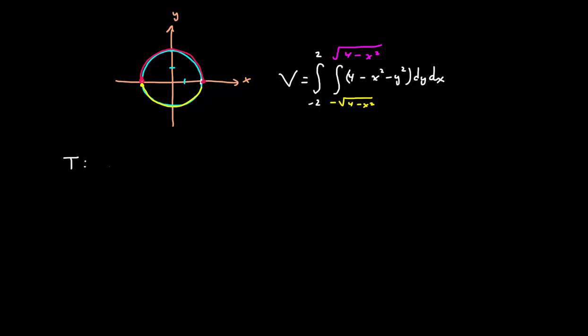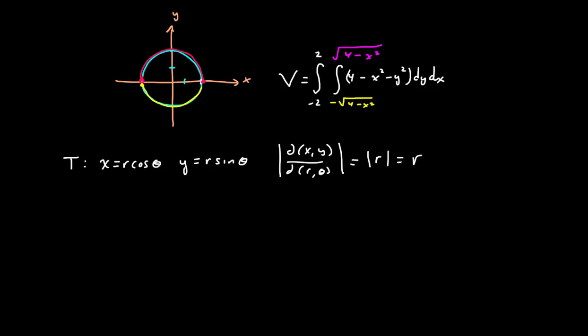So if we do a polar transformation, obviously x is going to be r cosine of theta, and y is going to equal r sine of theta, and the absolute value of our Jacobian, which is partial x, y over partial r, theta, is going to come out to be the absolute value of r, which is always r, which we said we're going to prove later.